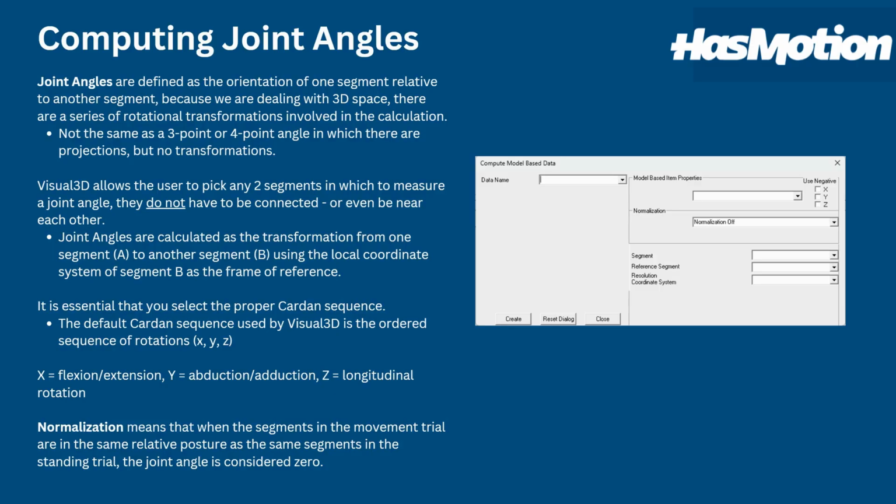Getting a patient to stand oriented relative to the lab may not be possible in some situations. An alternative approach is to create virtual segments which define the desired angles in the standing posture. An example of this is available on the documentation wiki page under the title Normalized Joint Angle Method 2.